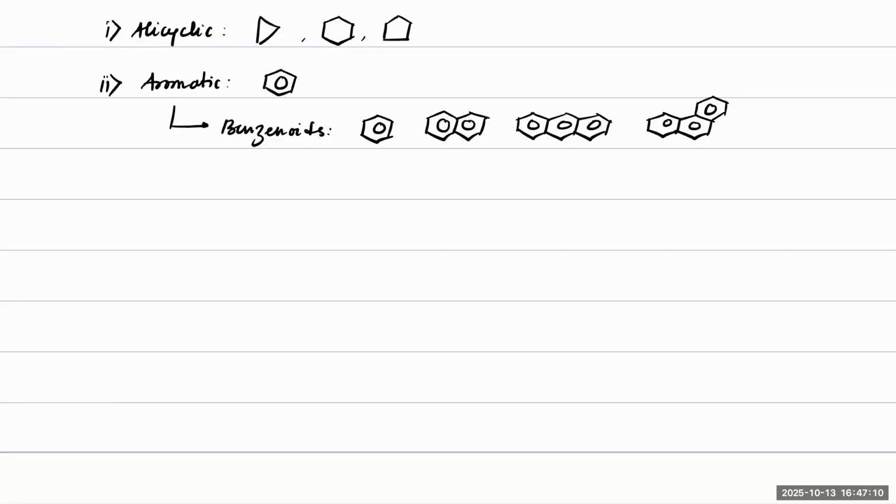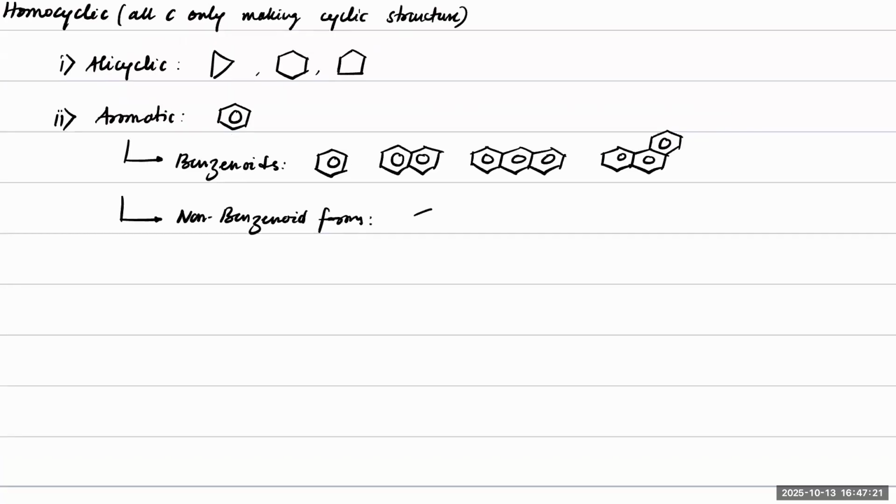Next, we have non-benzenoid forms. We have some fused ring like this. On this side I have a double bond here, and somewhere here I have a five-membered ring like this, and another two double bonds here.